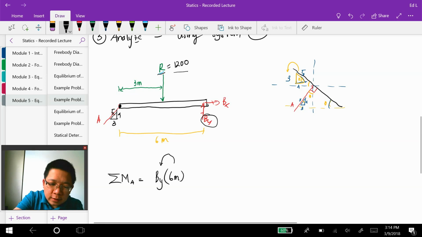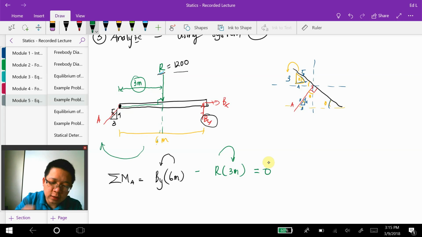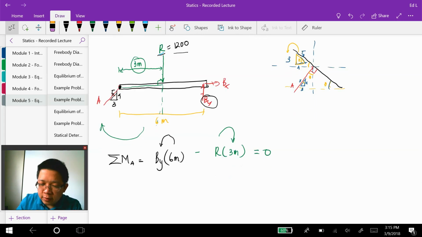Then for R, the perpendicular distance is 3 meter. This is this distance right here. So R times 3 meter, equal to 0. With respect to point A, it will have a negative sign because it will have a clockwise rotation about point A. Now we can solve for By directly.